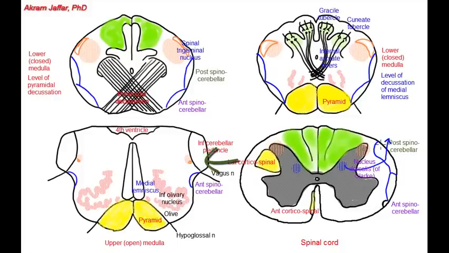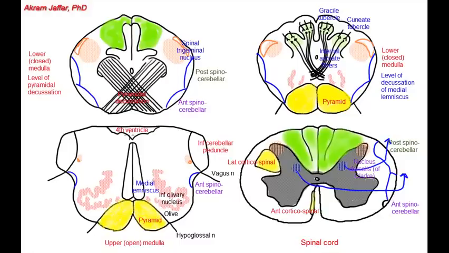Fibers of the anterior spinocerebellar tract have crossed from the other side. They cross in the anterior white commissure, and they ascend in the anterior spinocerebellar tract. Then they terminate in the cerebellar cortex after crossing via the superior cerebellar peduncle. So these fibers of the anterior spinocerebellar tract cross twice.